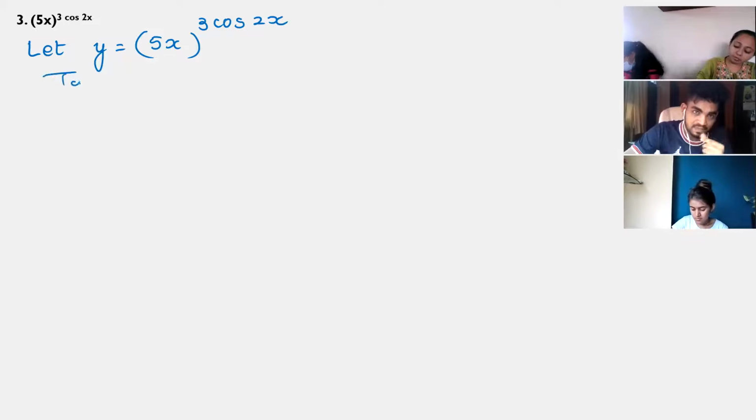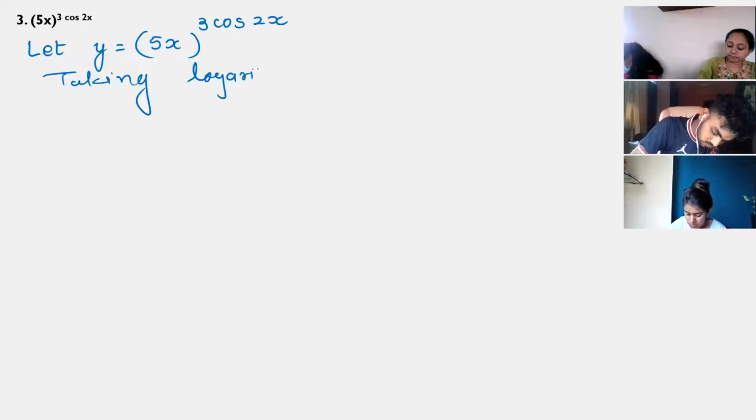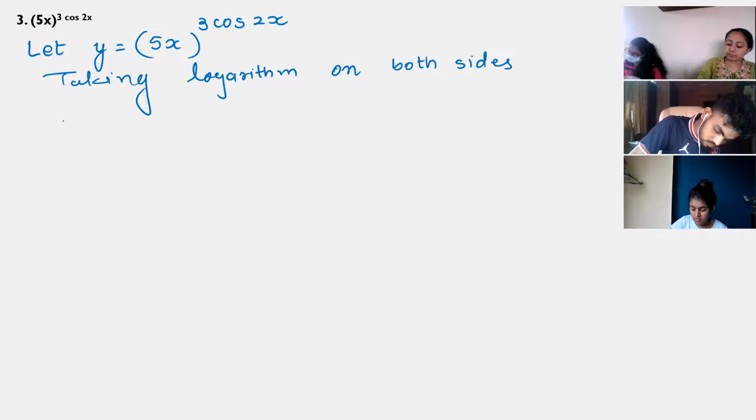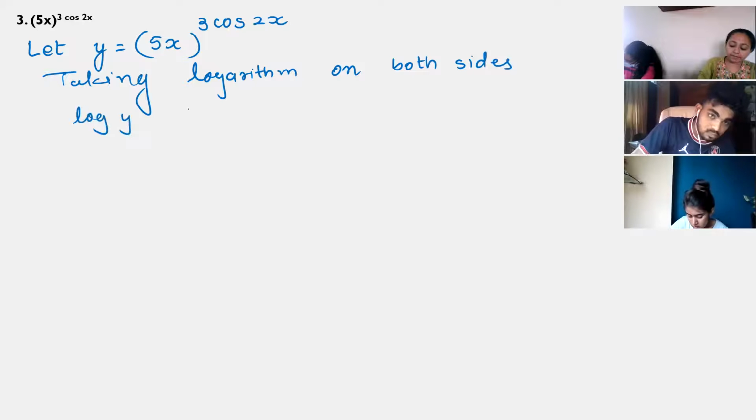Taking logarithm on both sides, log y is equal to log of 5x to the power 3 cos 2x.